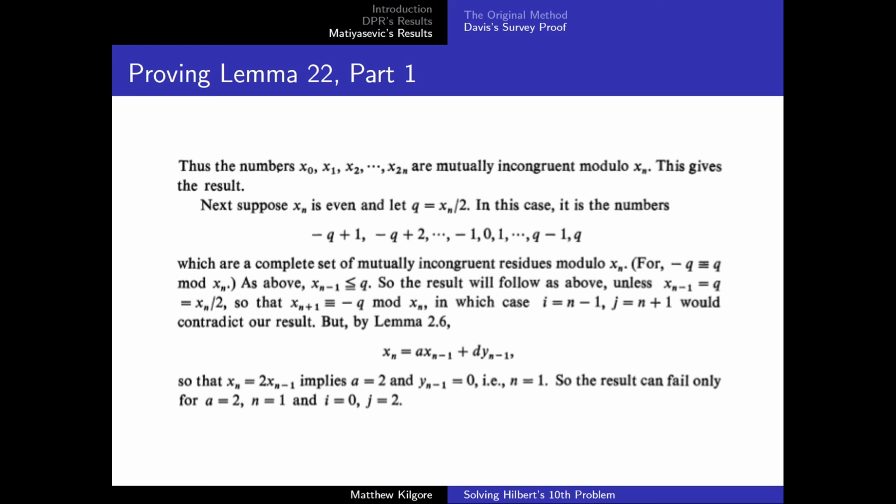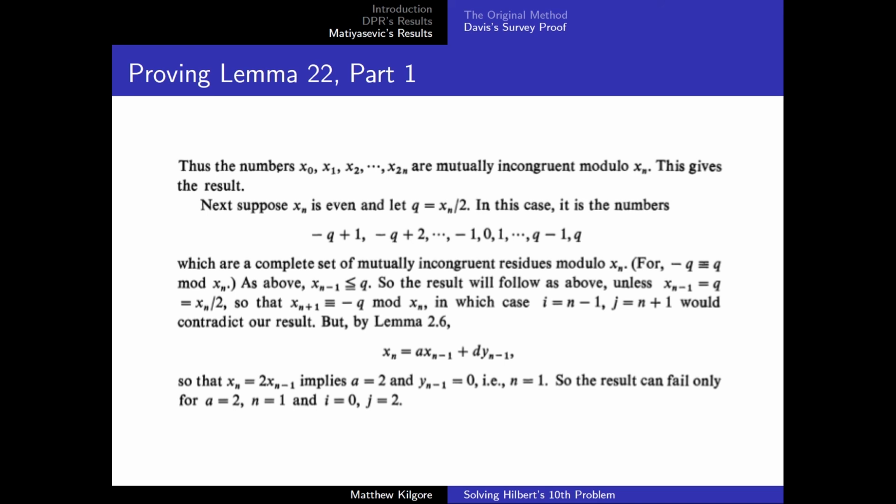Now let's suppose x_n is even, and begin as before. The result will be proven in the same manner, unless we have one edge case, x_{n-1} equal to q, which is, again, x_n over 2, in which case x_{n+1} is equivalent to minus q mod x_n, in which case i equals n minus 1, j equals n plus 1, contradicting our result.